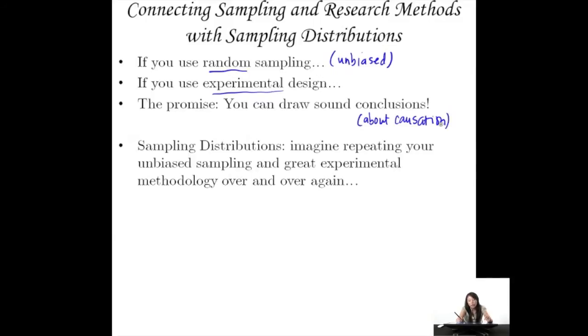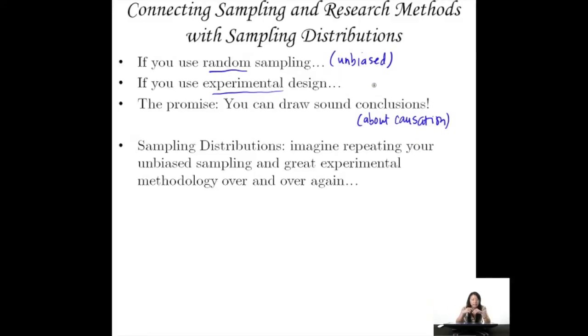Now, in order to do this mathematically, because this has all been ideas so far, the sampling distribution is sort of the engine that allows this promise to come true. Because here's what the sampling distribution does. Imagine repeating your unbiased sampling and great experimental methodology over and over and over again, like millions of times. What kind of distribution would you see?